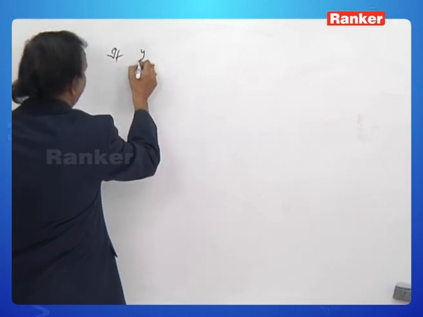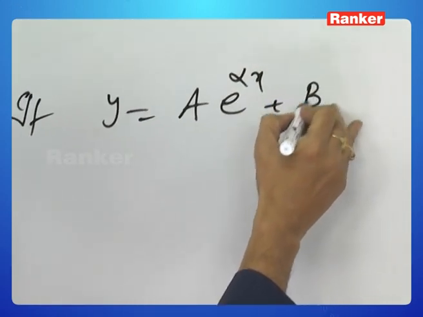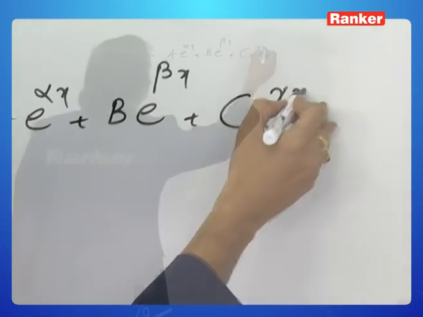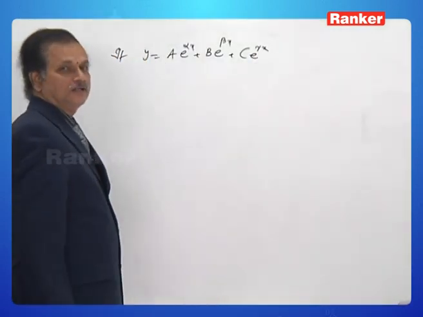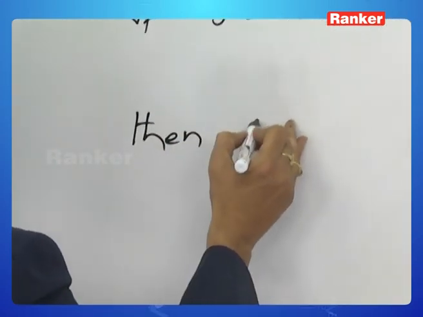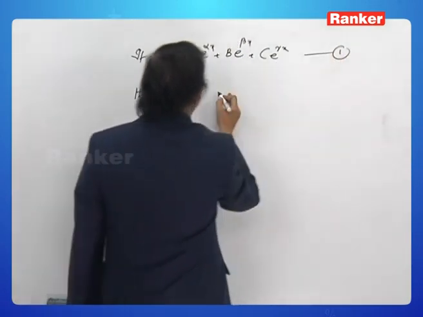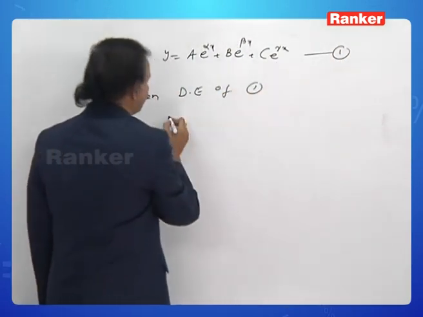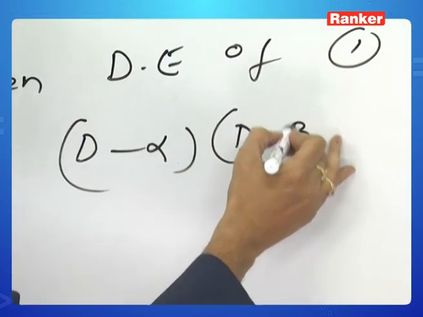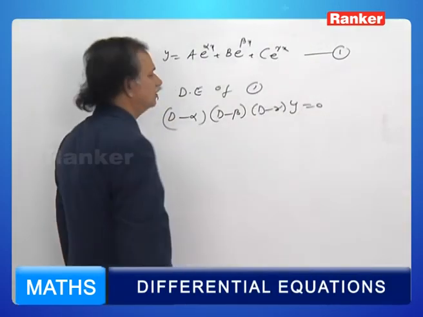If y is equal to a into e power alpha x plus b into e power beta x plus c into e power gamma x, then the differential equation whose solution is the given equation is D minus alpha into D minus beta into D minus gamma of y is equal to 0.